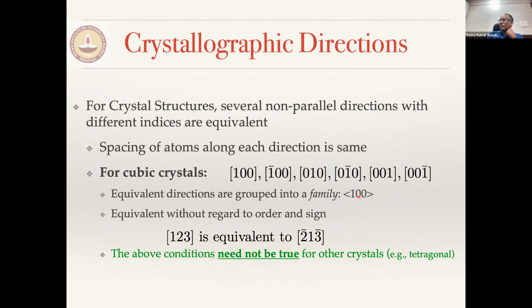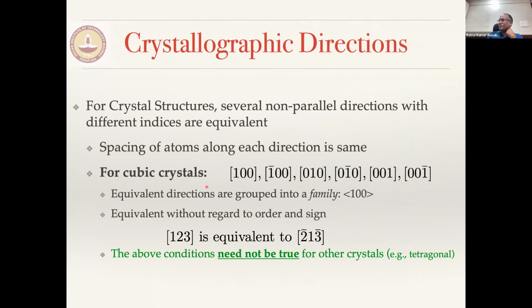For example, when you say the 100 family, all permutations of these three symbols, 1 and two zeros, and their negative counterparts form the family of equivalent directions as far as cubic crystals are concerned. So these permutations work only for cubic crystals.